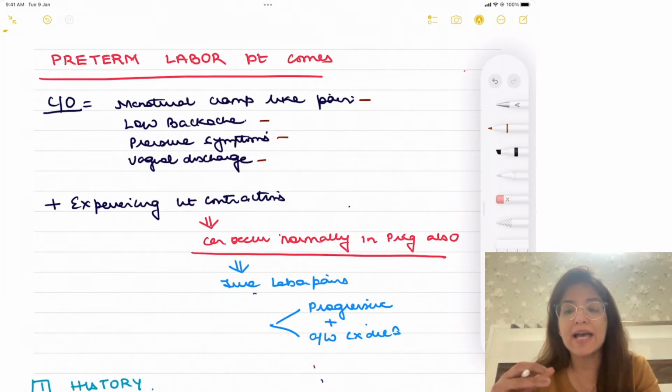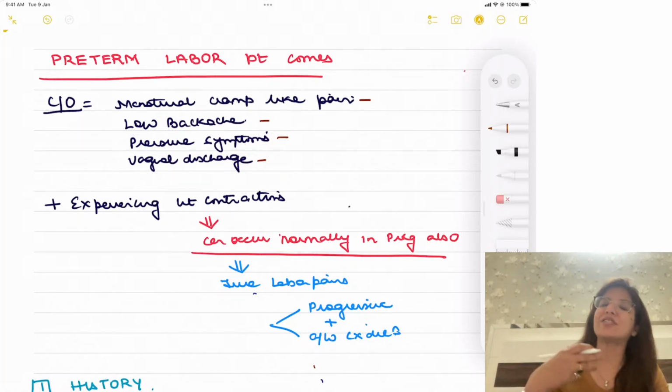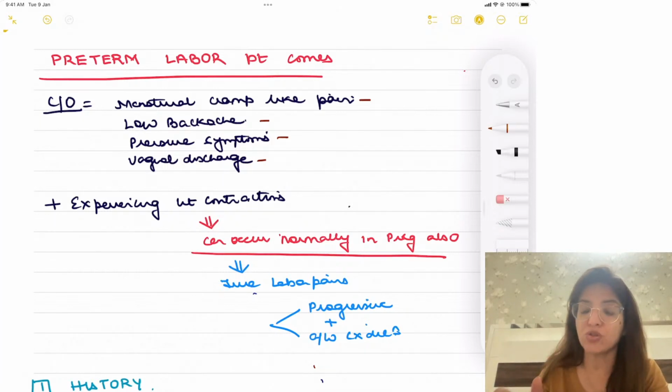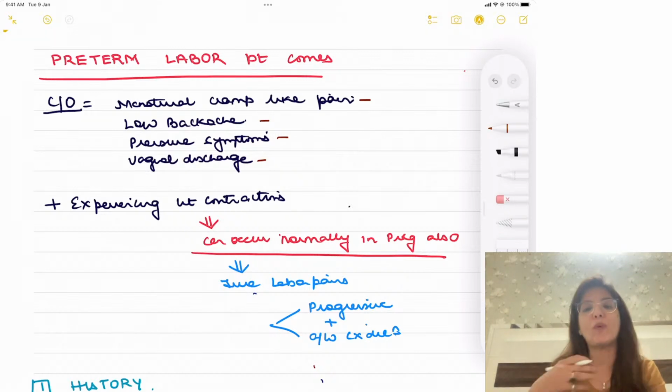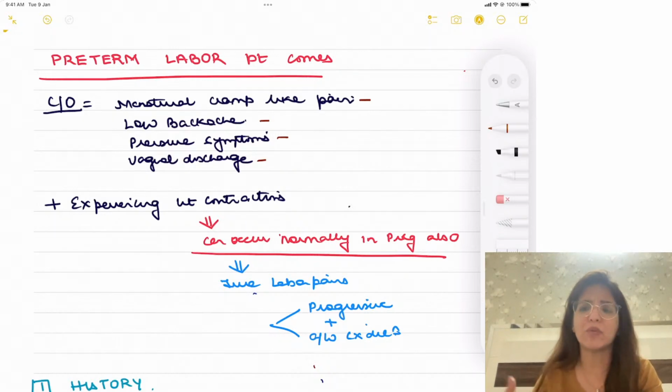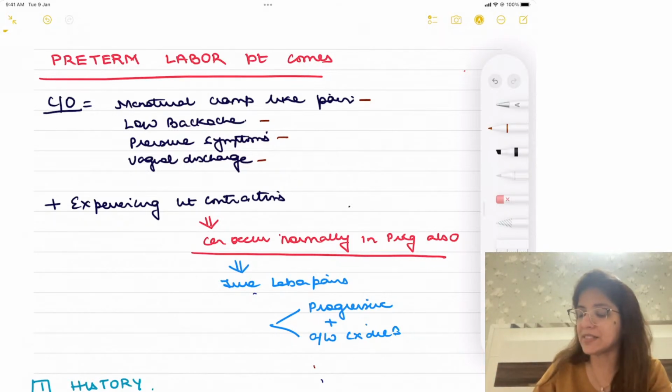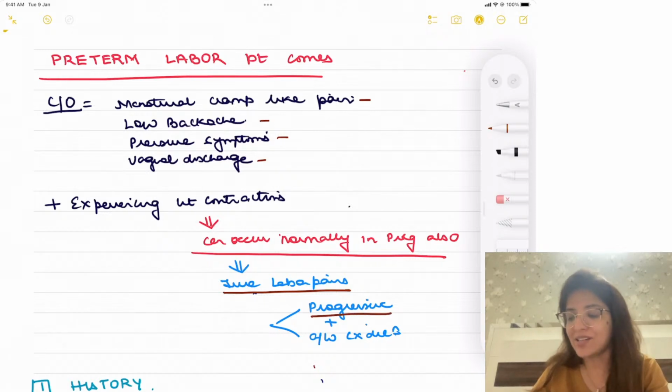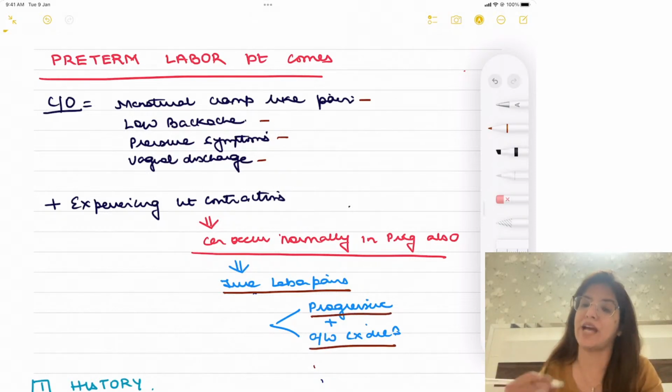So how, as a resident or as a doctor, are you going to know whether you are dealing with true labor pains, that is preterm labor, or whether this patient is having false labor pains? This is something you know from your undergraduate knowledge: true labor pains are progressive and they are associated with cervical dilatation.